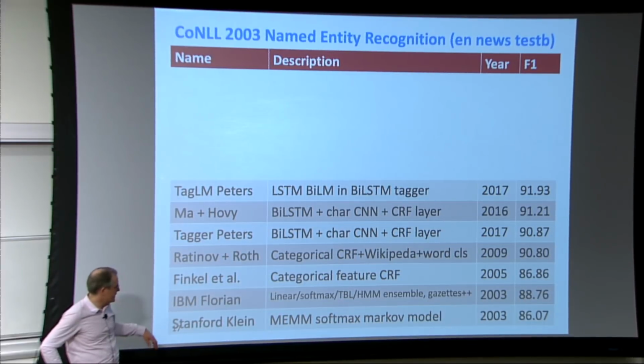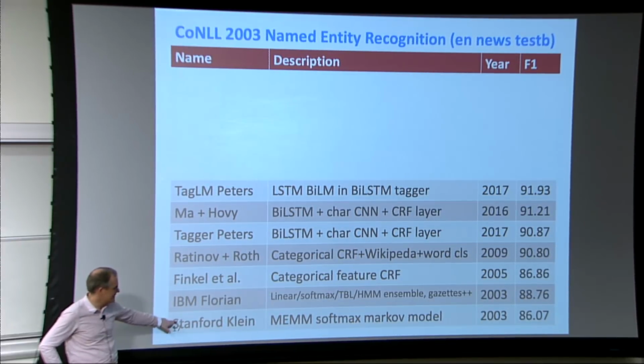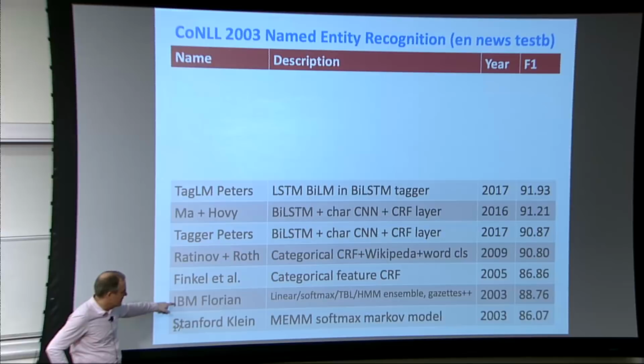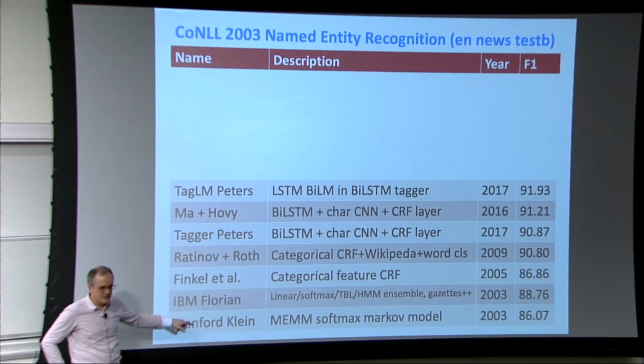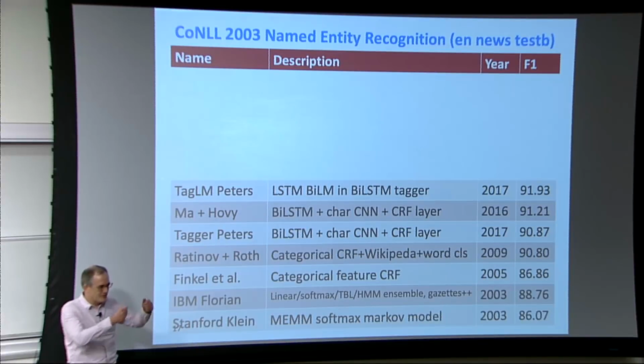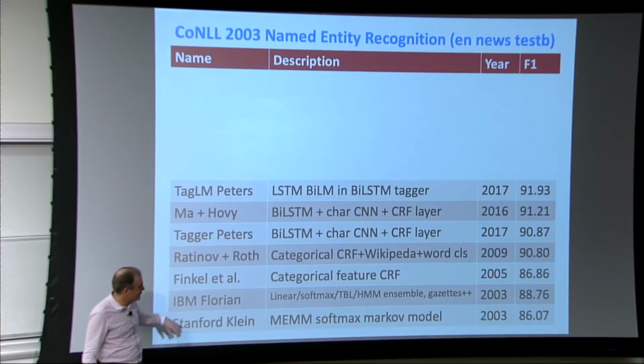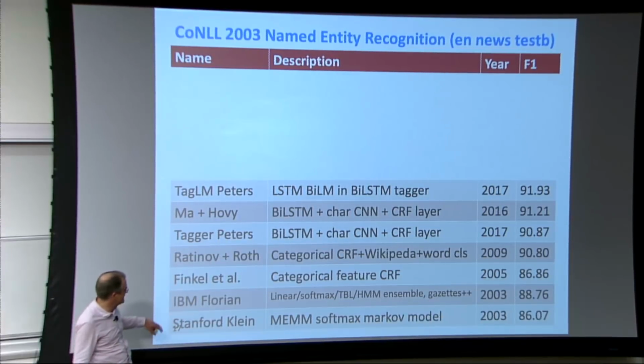But a difference between these two is that our system was a single clean categorical machine learning model, whereas the IBM one was not only an ensemble of 4 different machine learning models plus gazetteers, it also fed in the output of 2 other old NER systems that IBM people had trained years ago on different data. So I guess it worked for them, but it was a fairly complex system.